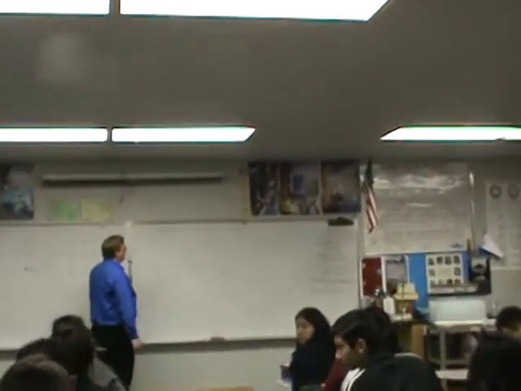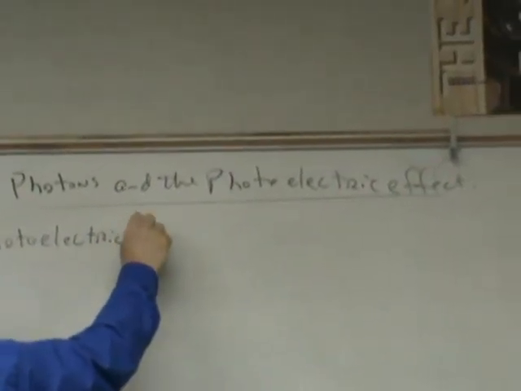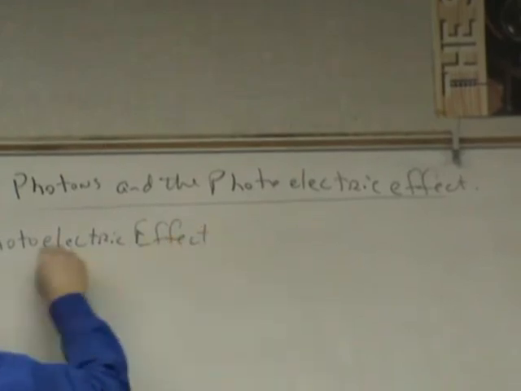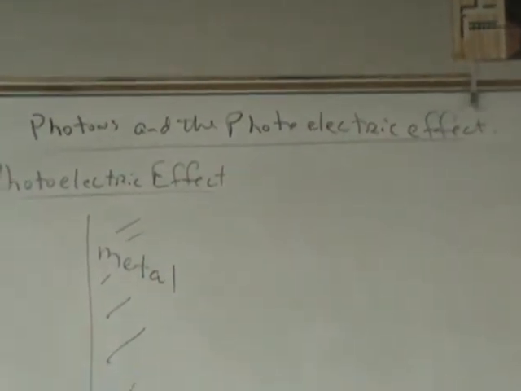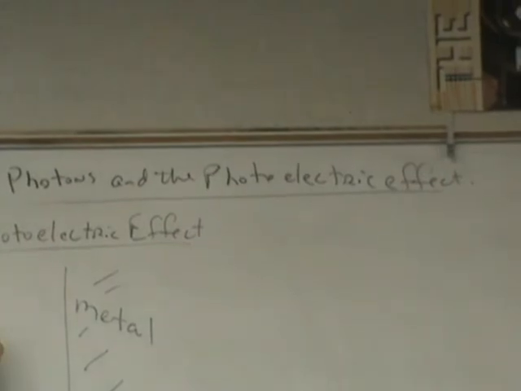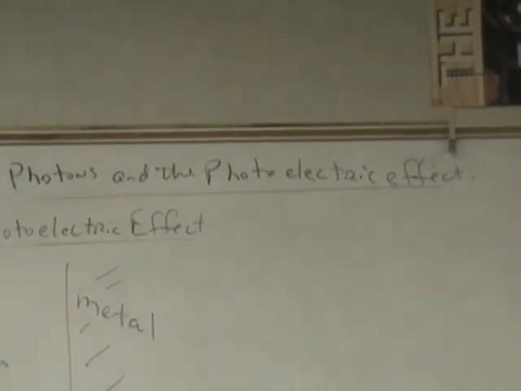Yeah. Okay. Photons and the photoelectric effect. First, let me describe the photoelectric effect. Here's the photoelectric effect. You've got a metal. This is a metal surface. And you shine light on this metal surface.